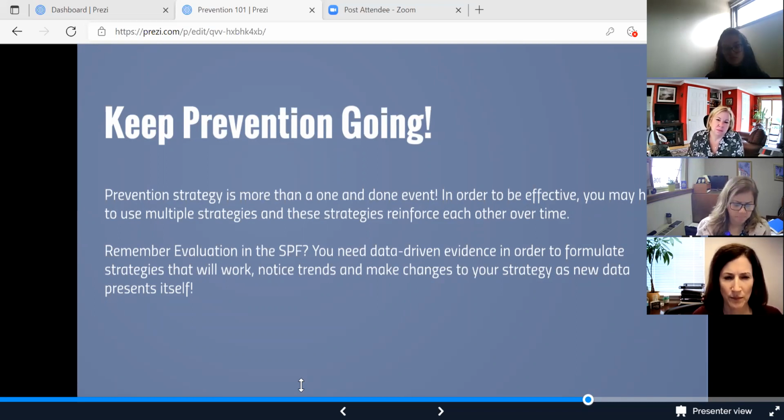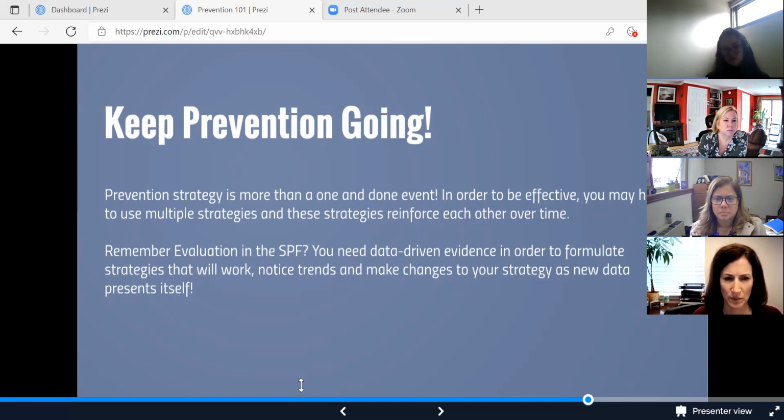So if we think back to our evaluation of the SPF, our evaluation was looking at whether the program was working, what we could sustain, and what we can improve. So in order for us to move forward with making sure that our strategies are always effective, we need to make sure that we have data-driven evidence in order to make sure that the strategies are working.